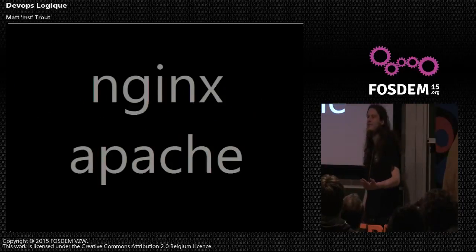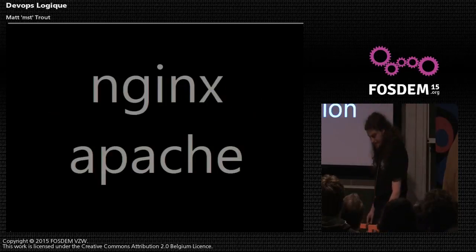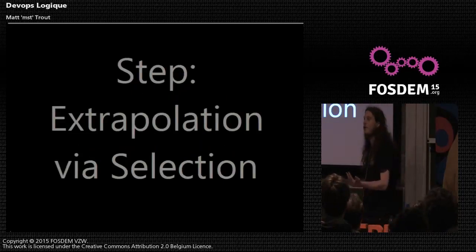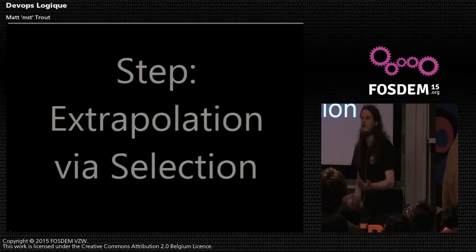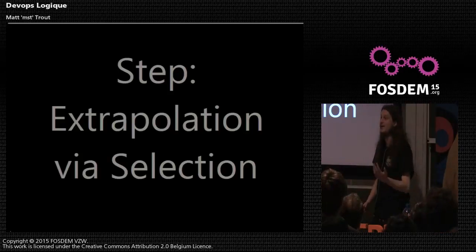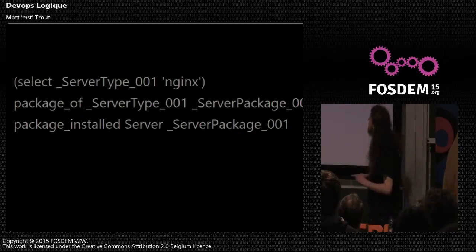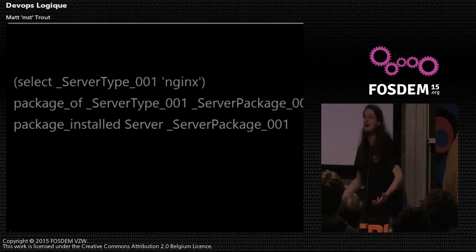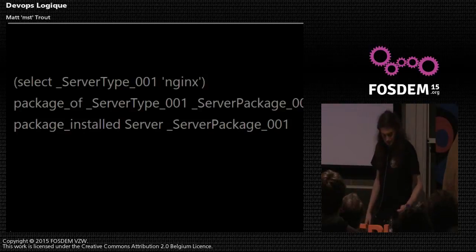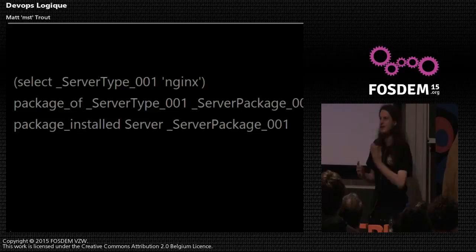So let's say valid web server types are Nginx and Apache. At this point, you can extrapolate by selection of a choice. So what you do is you start by saying, let's assume we've told it to try Nginx first, anytime it runs into the need for a web server type. Basically, if I need to stick something in front of an app server, I use Nginx.